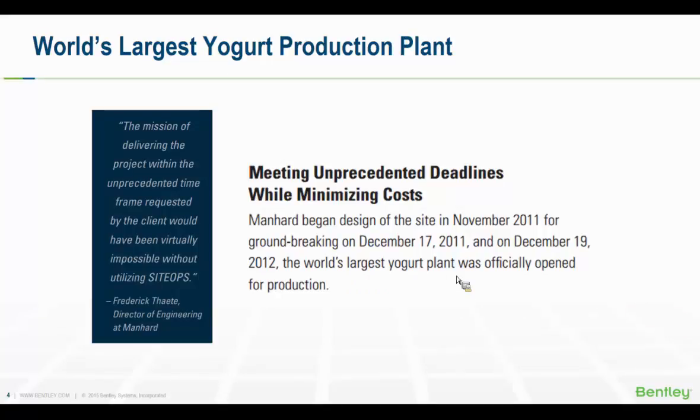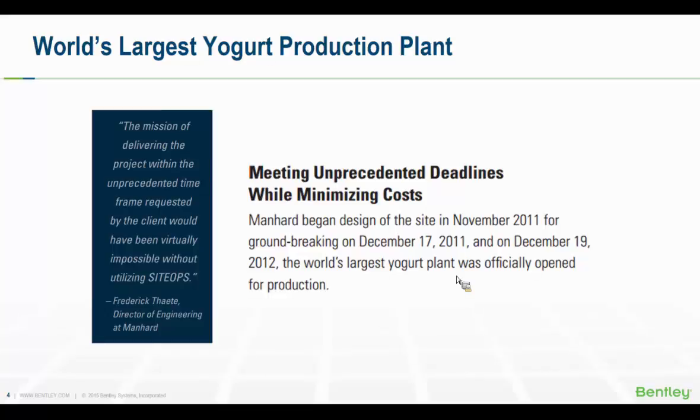Here was something done inside of a month, because they were able to take that process really quickly and look through options and iterations. They came up with a design that everybody liked, pushed it to plan production, created the plans, got the facility going, and on December the 19th, they opened it up.